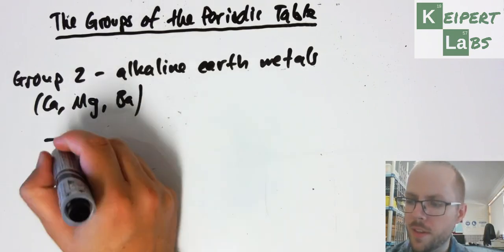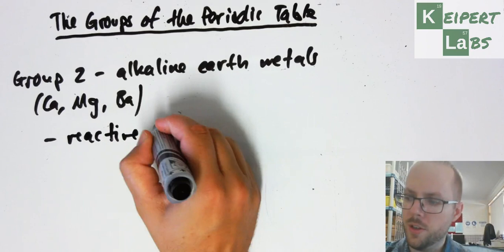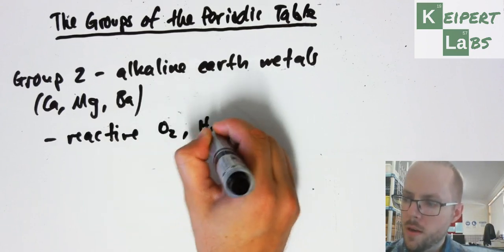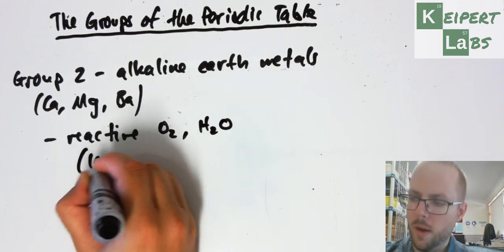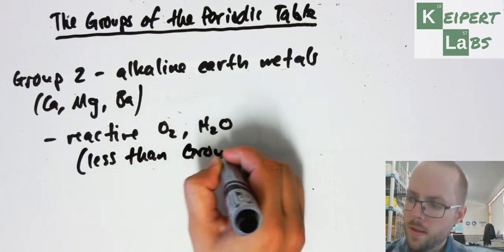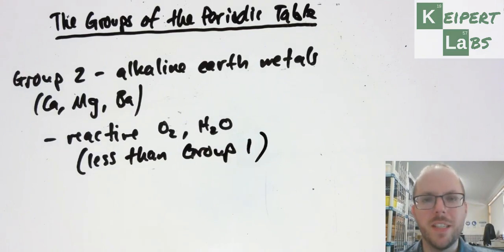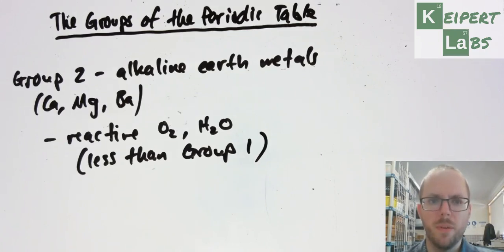They tend to still be very reactive with oxygen and with water, but less than group 1, so they tend to be safer to work with. You can take a piece of magnesium and put it in water, and it's not going to blow up in your face. But there will be a reaction, more so than with less reactive metals like copper or gold.